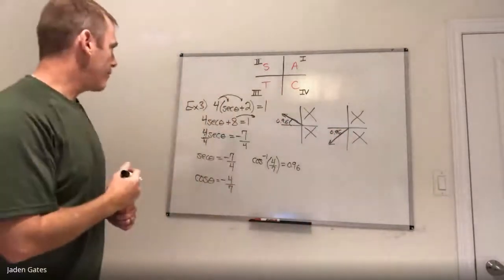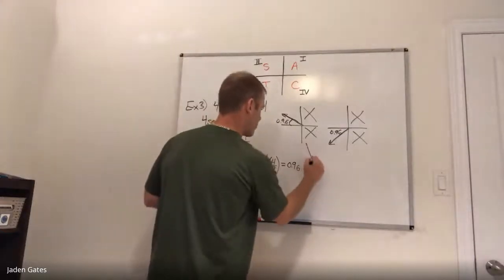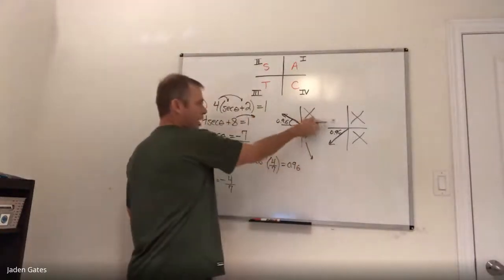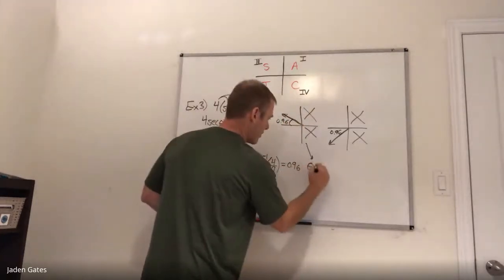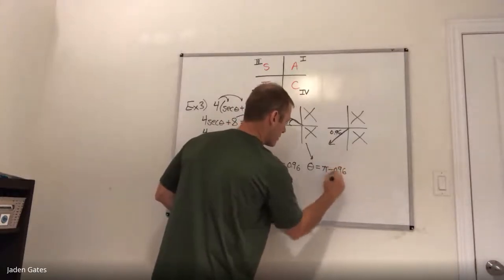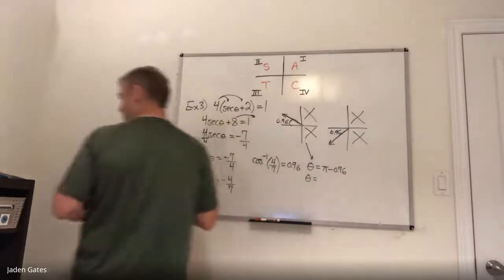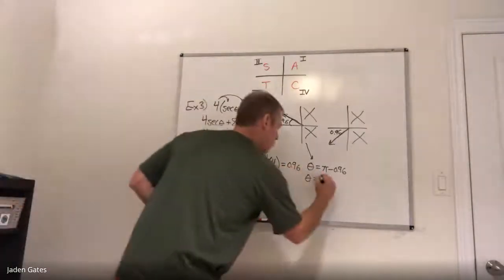All right, and now to find my answers, well, we're solving for theta, so there's no substitution. So here is 180 degrees, but back it up 0.96. So one of my answers is going to be theta equals pi minus 0.96. That's 3.14 minus 0.96, and I'm getting 2.18.